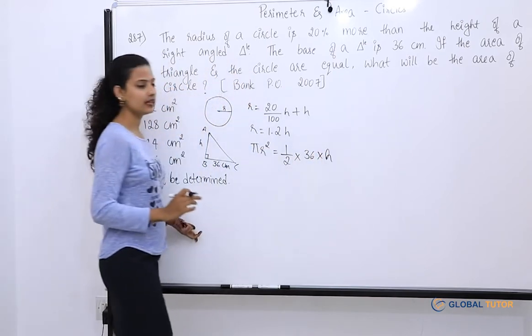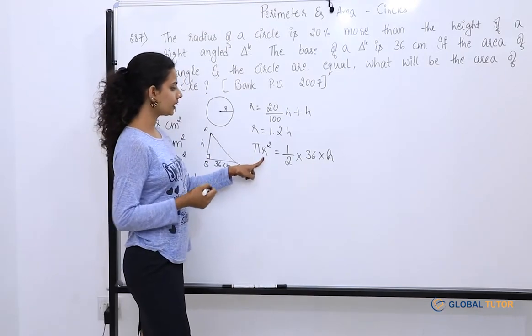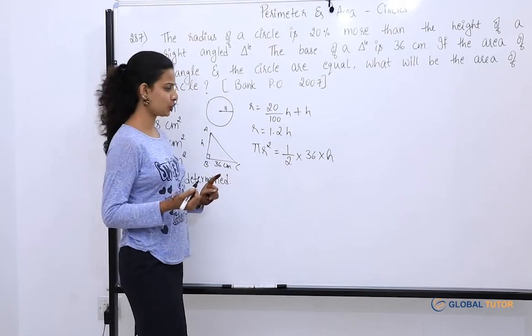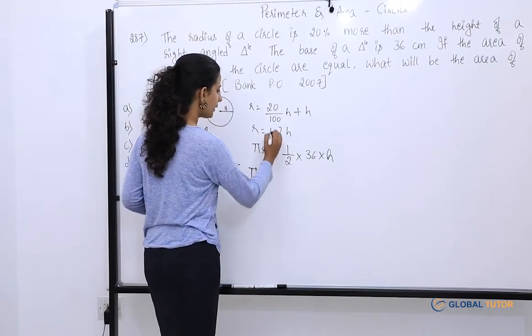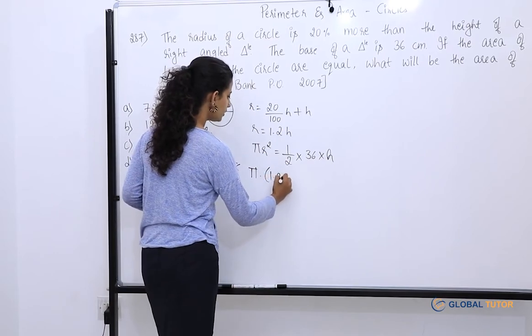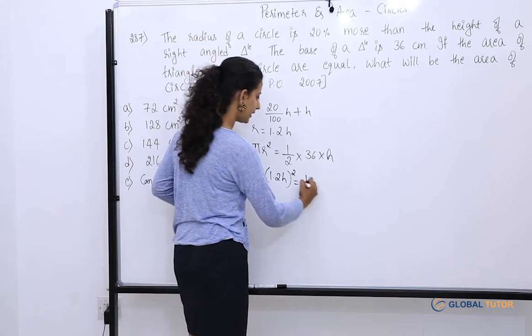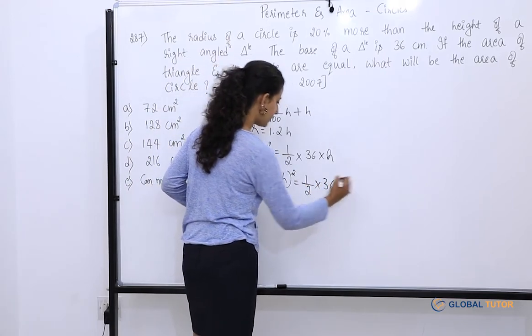These two are equal is what they've mentioned. Now in this equation we can replace the value of r with 1.2h. So let us substitute the value. Pi into 1.2h square, that is equal to 1 by 2 into 36 into h.